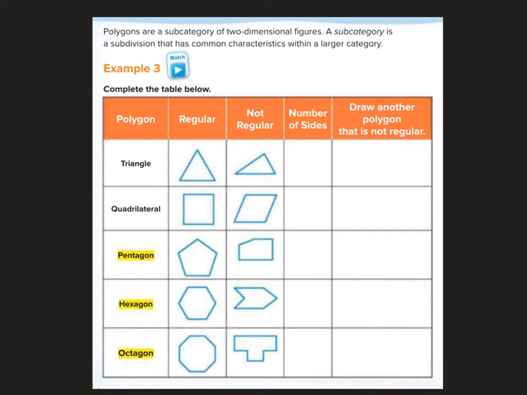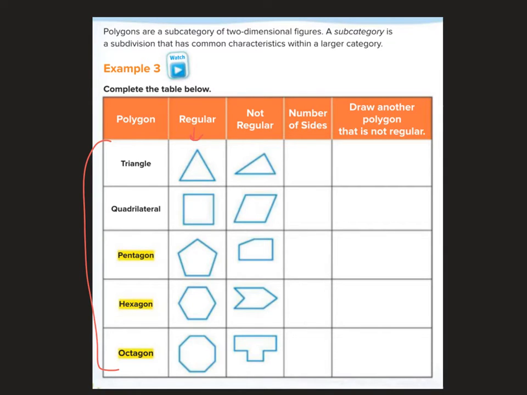Polygons are a subcategory of two-dimensional figures. A subcategory is a subdivision with common characteristics within a larger category. Basically these are all polygons. You've heard of these before, right? Triangle, quadrilateral, pentagon, hexagon, octagon. They're all types of polygons because they follow that rule of being closed with straight lines, not crisscrossing. So notice regular polygons. Look at this triangle.